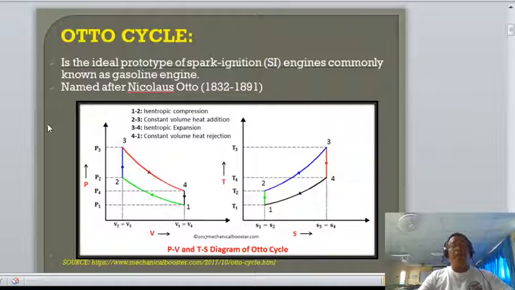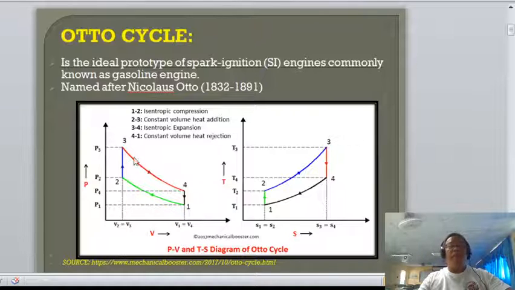If we now take a look at the TS diagram on the right side of the slides, 1 to 2 is isentropic. We will notice that this line is perpendicular to the isentropic line here.